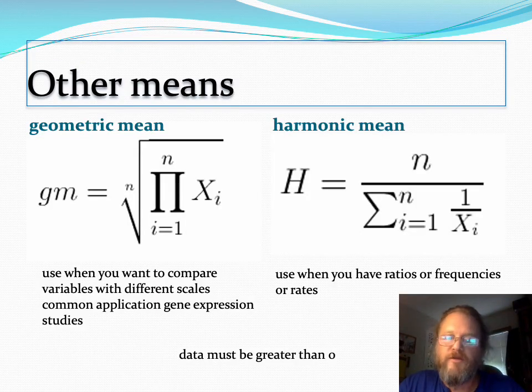There are other means that you may run into, in particular the harmonic mean, which is for when you have ratios or frequencies or rates, and so it has a slightly different formulation, and all of them can't be less than 0. Another one we use quite a bit when doing gene expression analysis is the geometric mean. Again, different formula from our simple arithmetic mean, but you use it when you have different variables, like different genes, and the scales can be quite different.